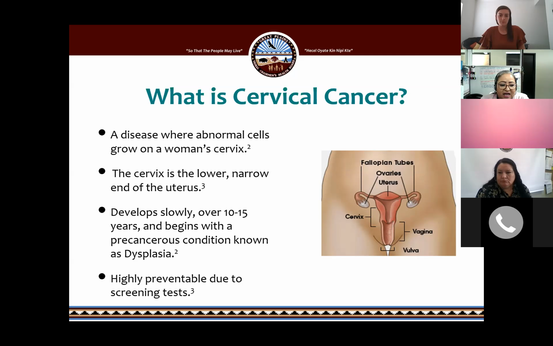Cervical cancer is highly preventable due to screening tests and vaccination to prevent the Human Papilloma Virus, which is also known as HPV. Cervical cancer develops slowly and begins with a precancerous condition known as dysplasia. Dysplasia is easily detected in a routine Pap smear and is completely treatable. Cervical cancer is a malignant tumor deriving from cells of the cervix.